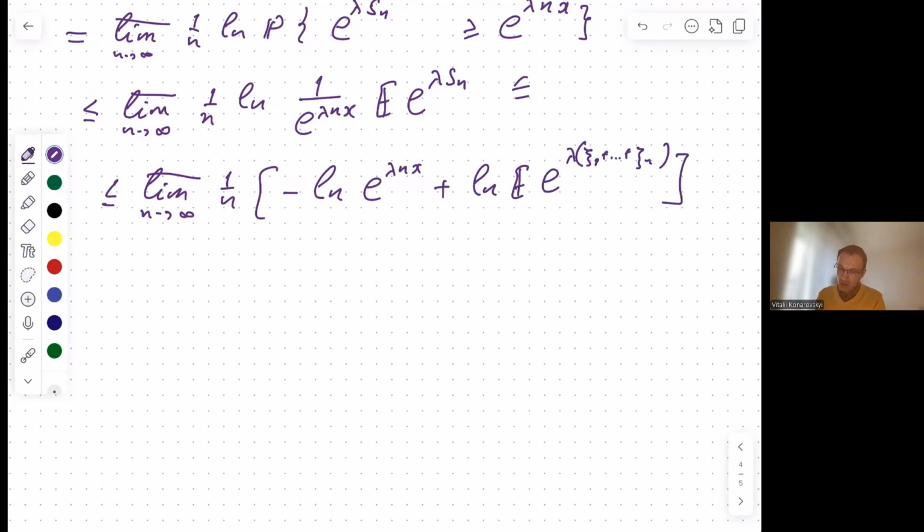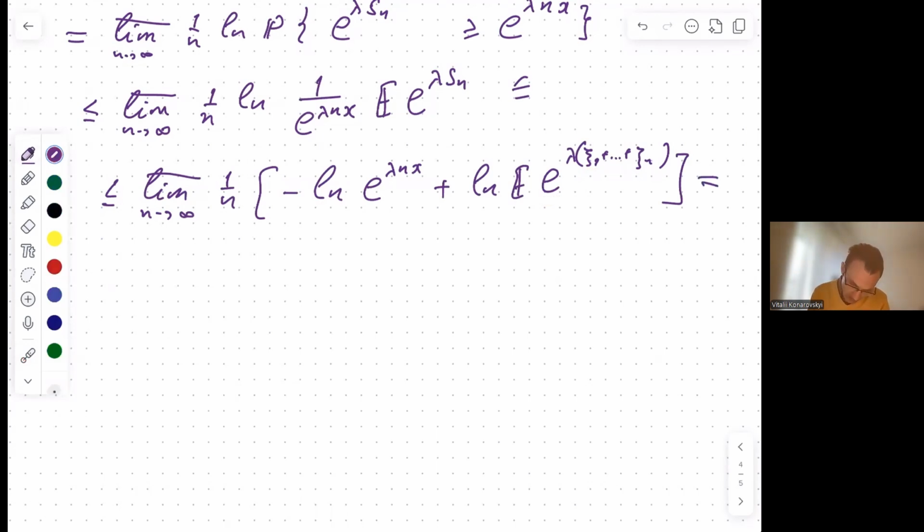Now you can use the independence of the random variables xi_i, because you have the expectation of the sum. Therefore, you can write the expectation as the product of expectations. Because of independence, you will get the product of expectations.